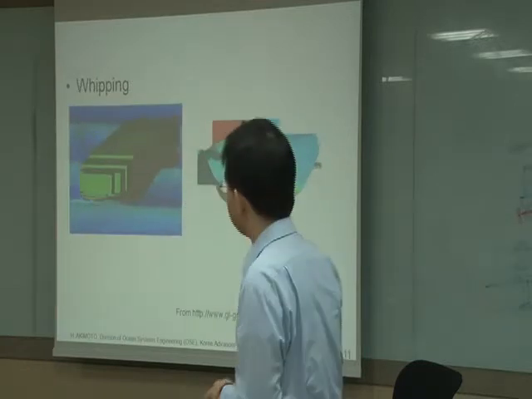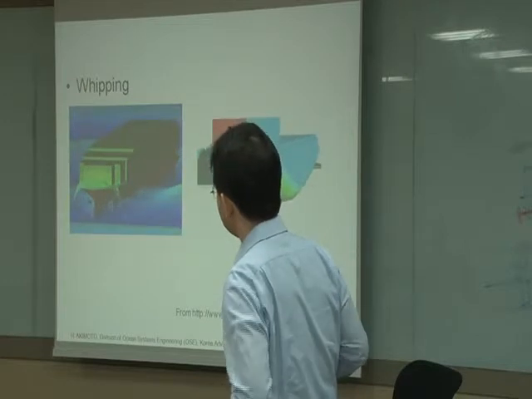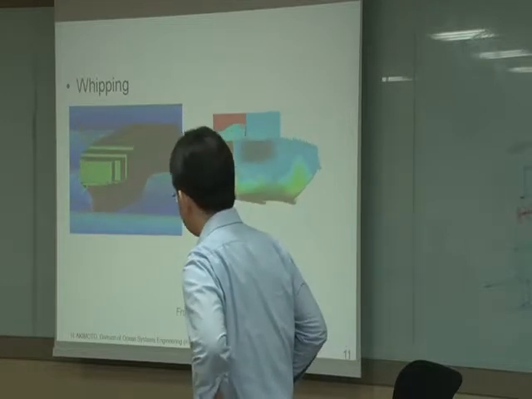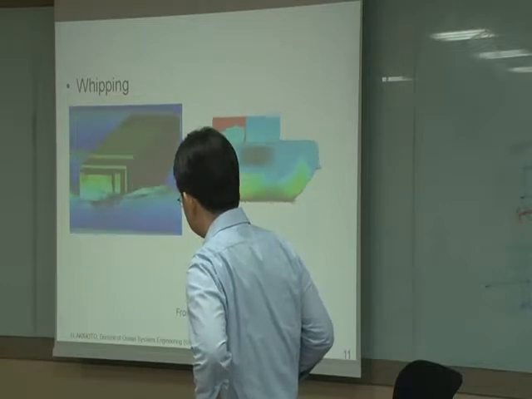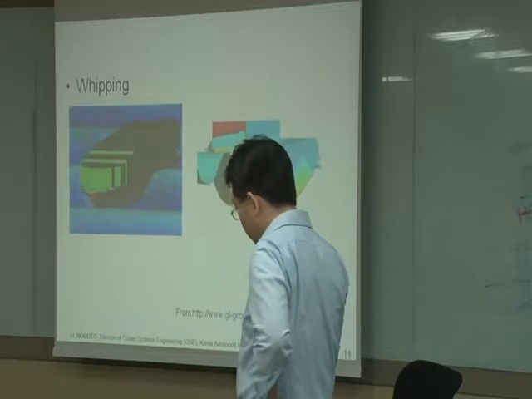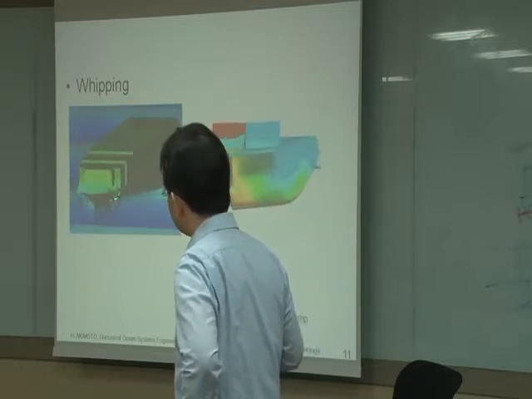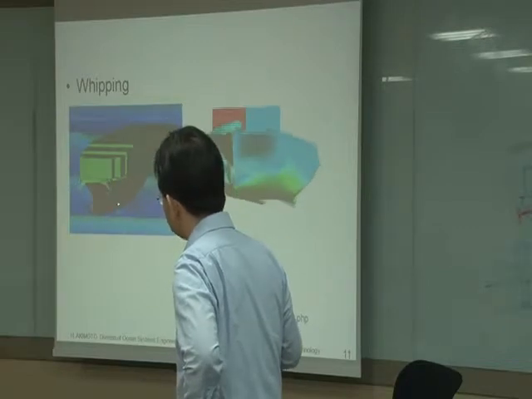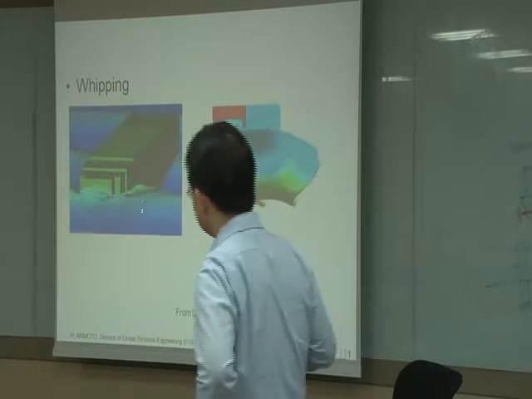So this is one example of computational simulation of whipping. It is from the Germanischer Lloyd group, a classification society in Germany. Their analysis shows a fluid structure interaction simulation.